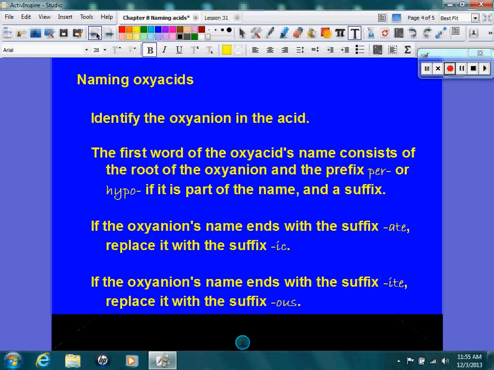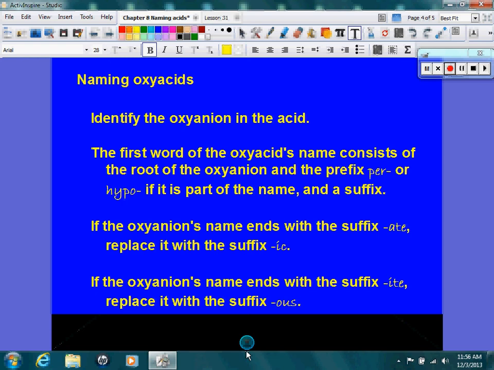Perchlorate ends in ate, so we replace that with ic. So perchloric, and then the second word is acid, so it's perchloric acid.